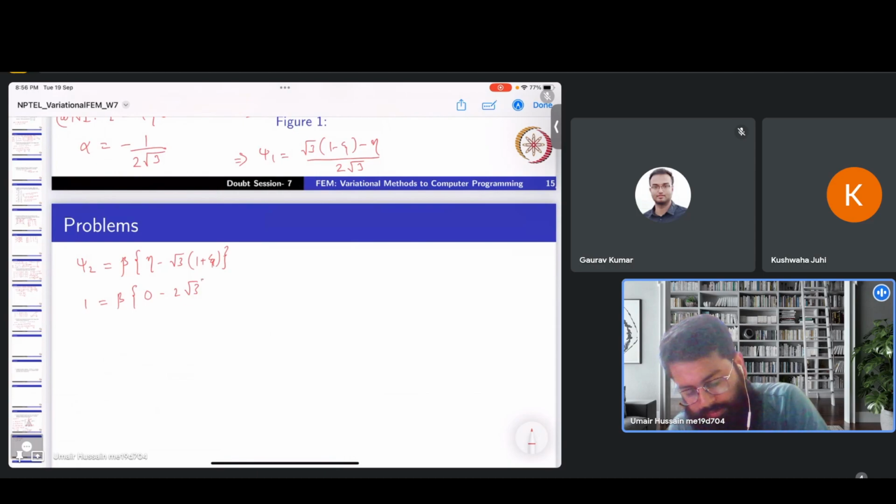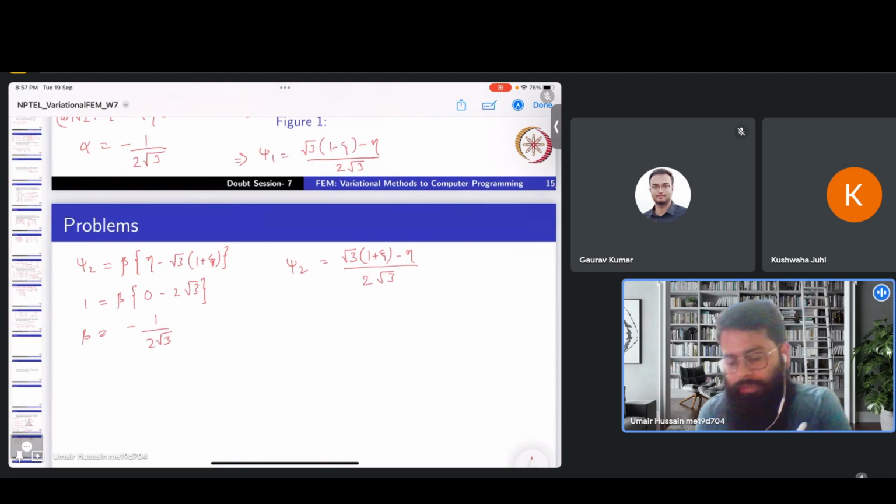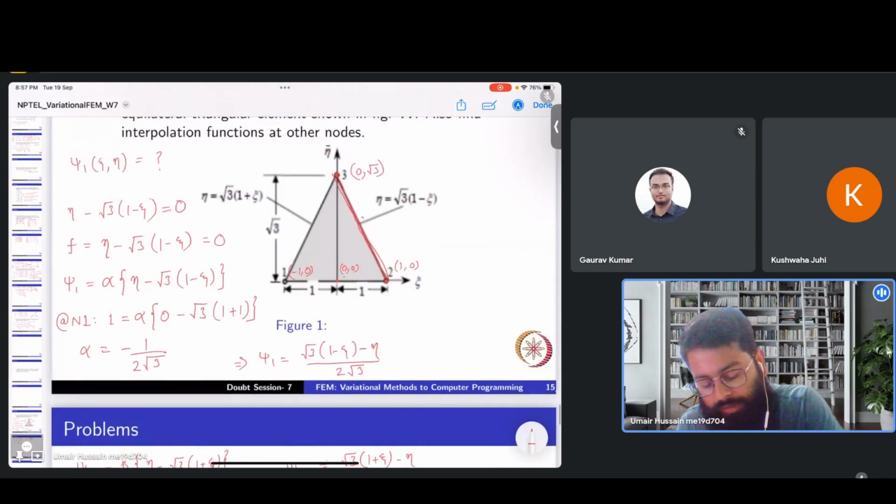You get the same value. Beta is also equal to minus 1 by 2 root 3. So your psi 2 would be as follows. And in the same way you can find psi 3 also.